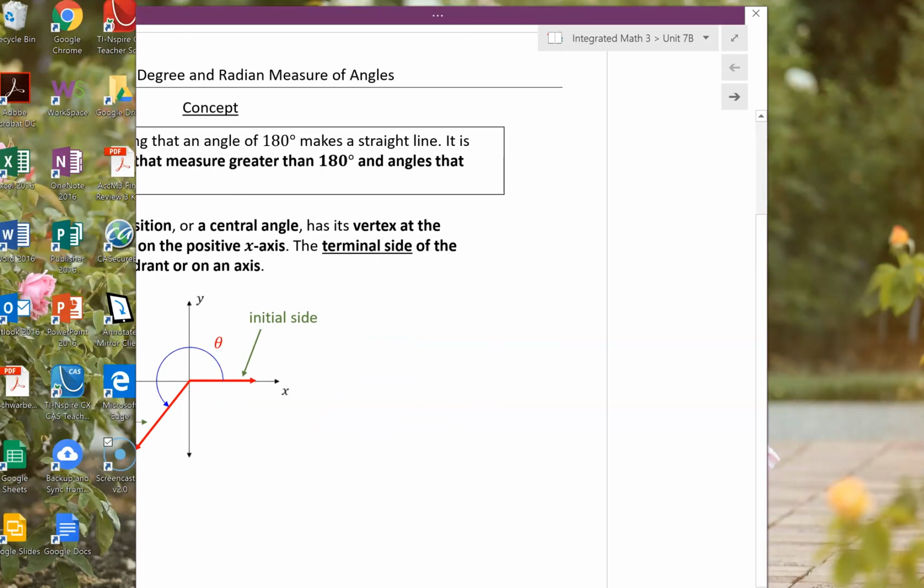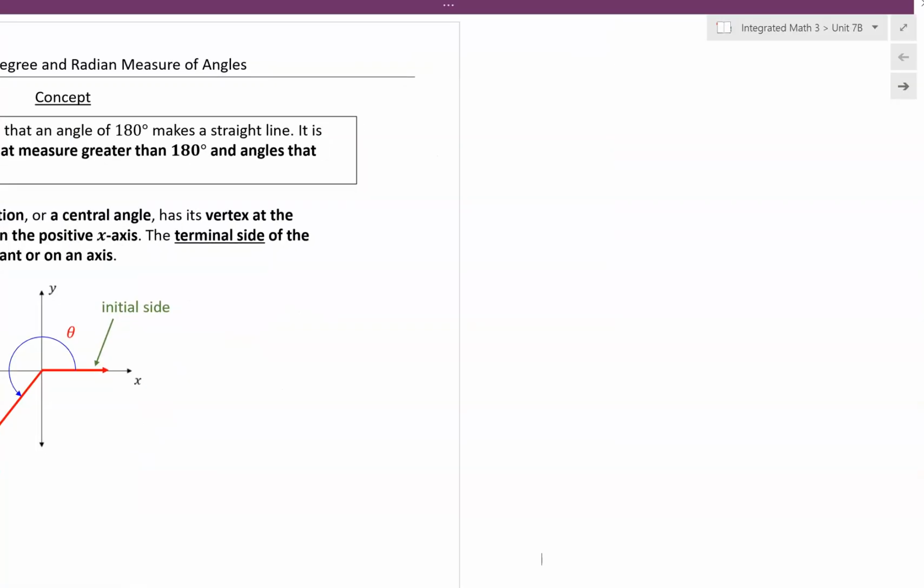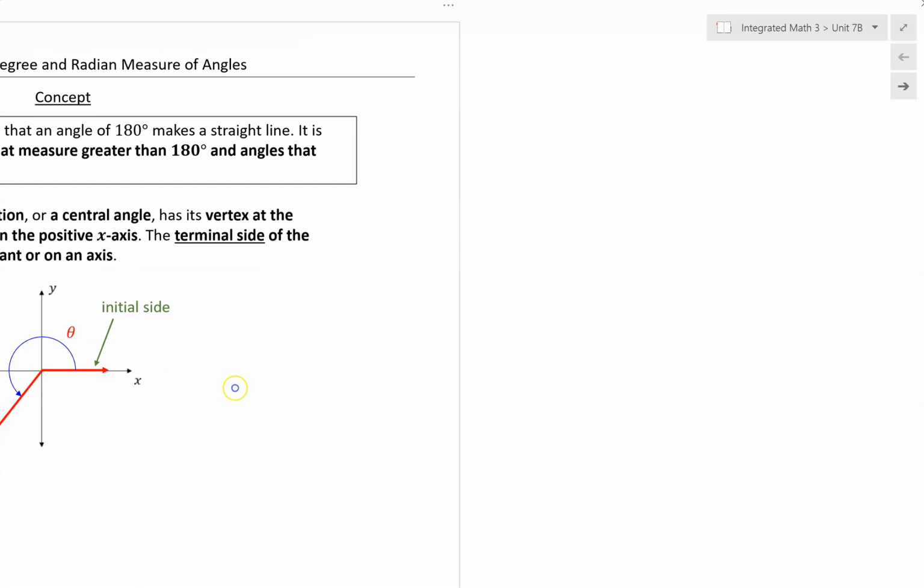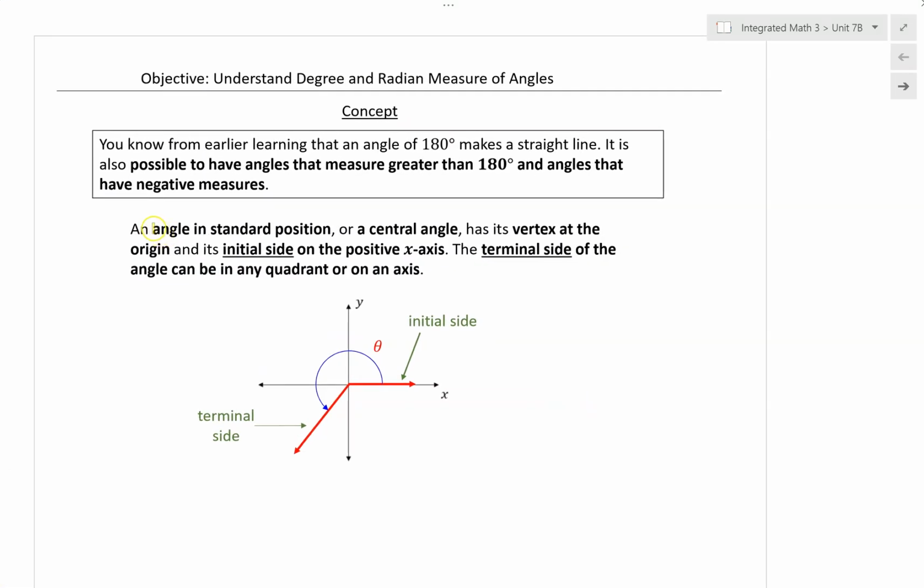If I have an angle in standard position, its vertex is at the origin, so that means it's right here. Its initial side is on the positive x-axis, and that's this right here.